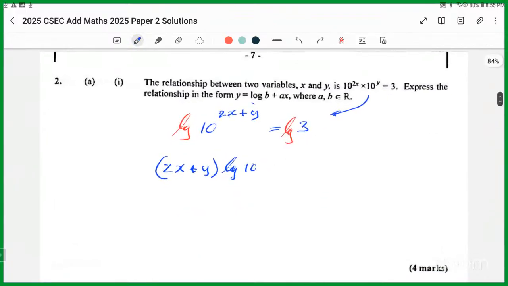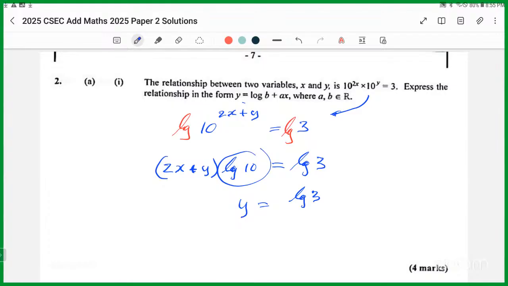So here now, this expression becomes this. This side remains log of 3. I'm going to divide by this log of 10 and then make y the subject.